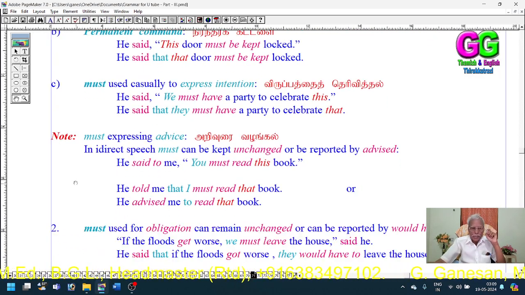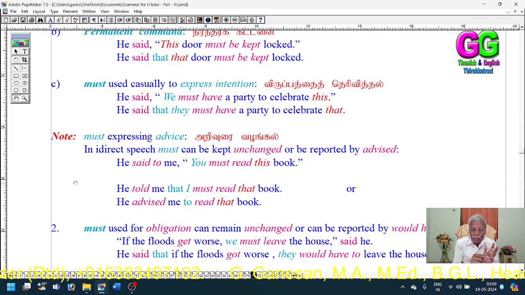But when must is used to give advice, must can either be kept unchanged, or must can be replaced and advised can be used as the reporting verb.